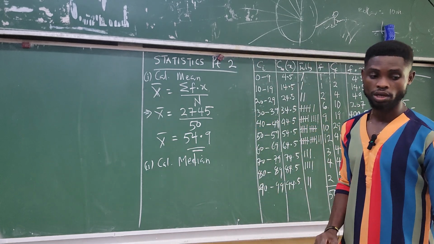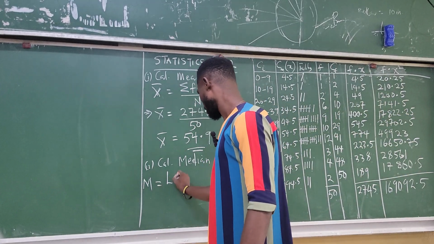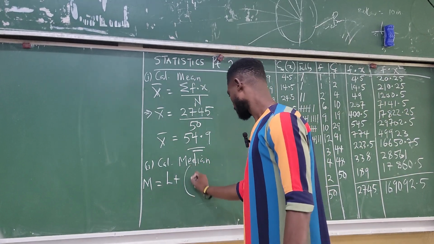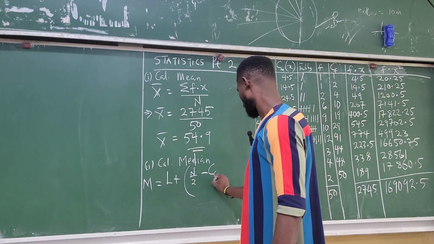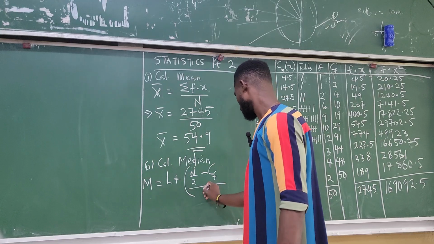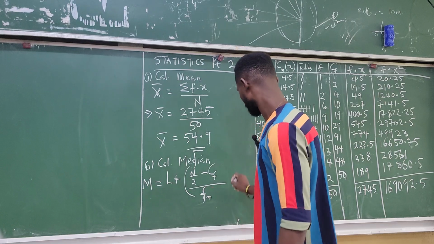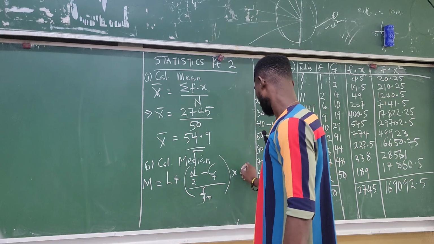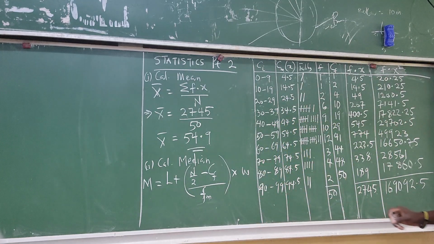So to calculate the median, M is equal to L plus n over 2 minus CF, over FM, times W. That is your median.